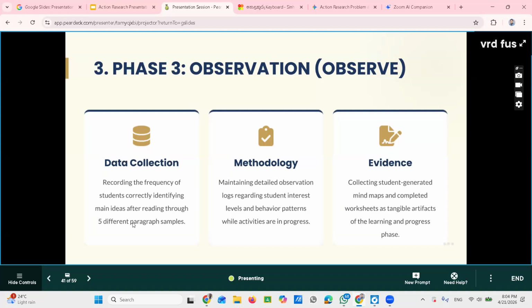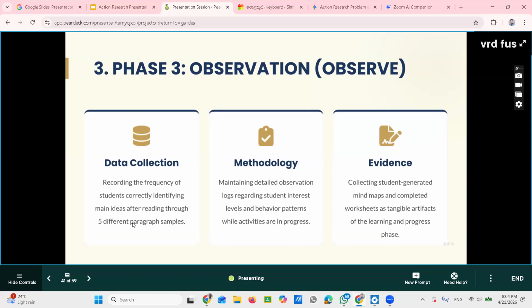The teacher can refer to these observation logs to collect the data regarding student interest level and behavior patterns. In this observation log, the teacher can mark the student interest level and the behavior patterns.